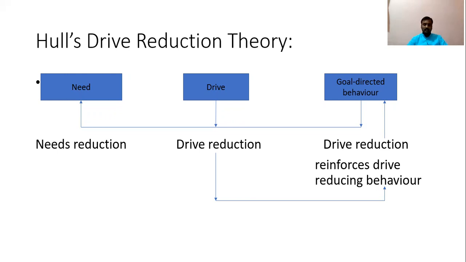So both Hull's drive reduction theory and the motivational process are similar. In case of Hull's drive reduction theory, he takes three basic components: need, that reduces the need, drive, that reduces the drive, and goal oriented.